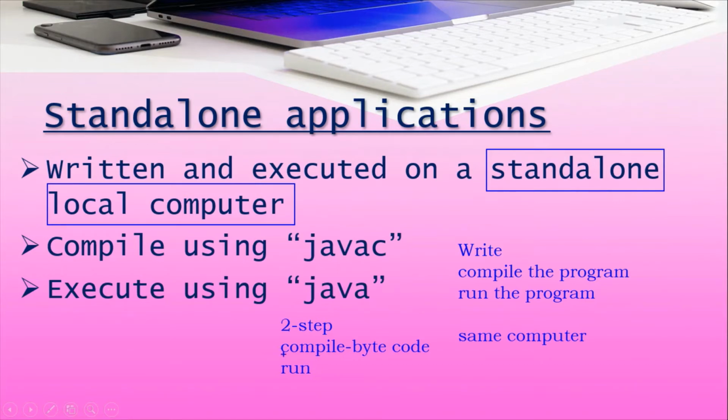The first step is done by javac, compiling to bytecode, and interpreting or executing is done by the second one, the java command. I will show you how to use these two commands. Anyway, standalone application means we write the program, compile the program, and run the program on the same computer.